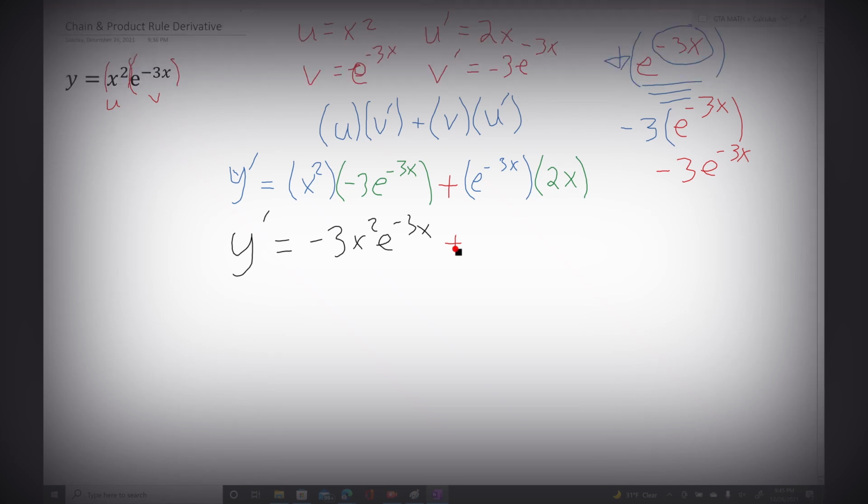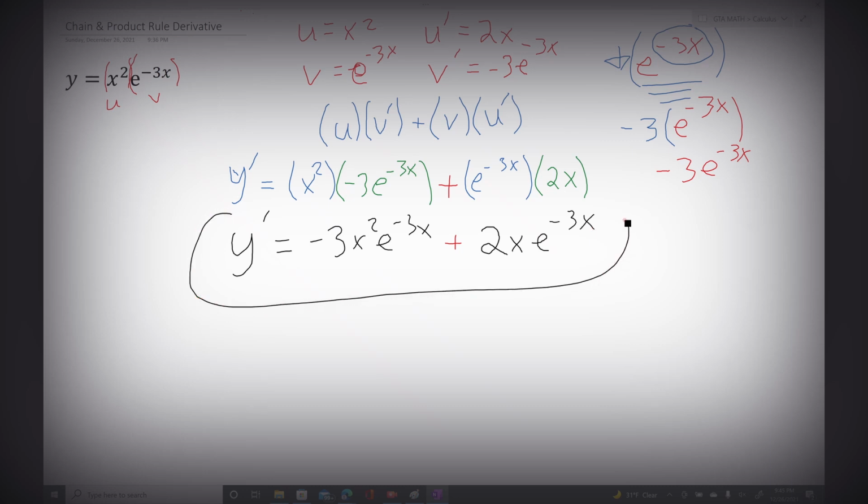And 2x times this other e to the x function. So we got 2x. And then we're just going to bring the e to the negative 3x here.